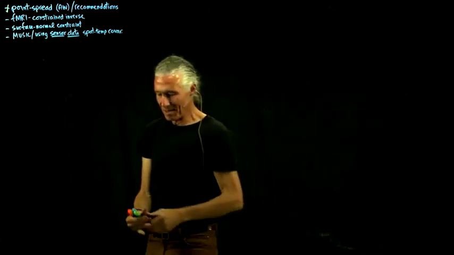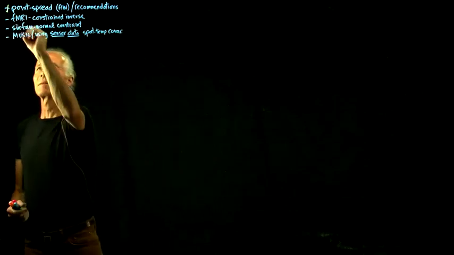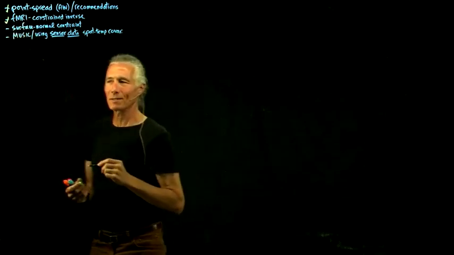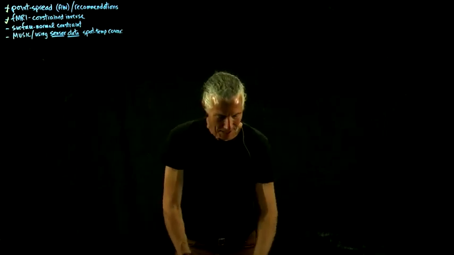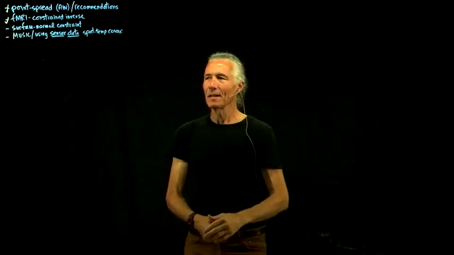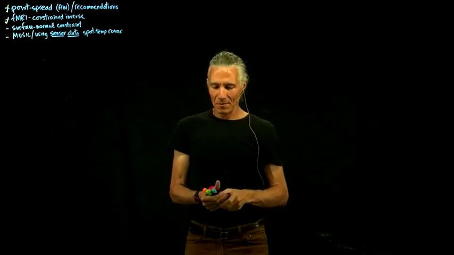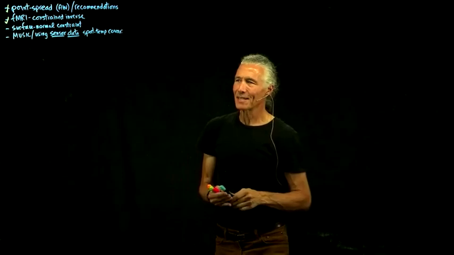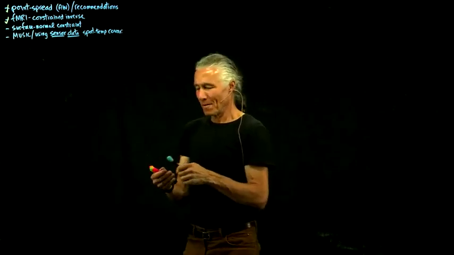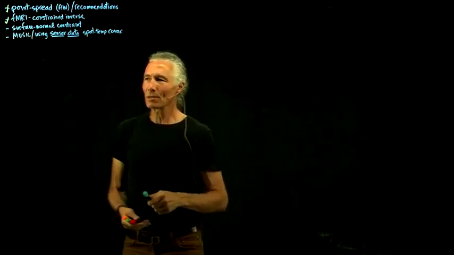Okay, so now let's talk about the surface normal constraint, the original reason for making FreeSurfer. So what's the good news? Why were we trying to use the surface normal constraint?